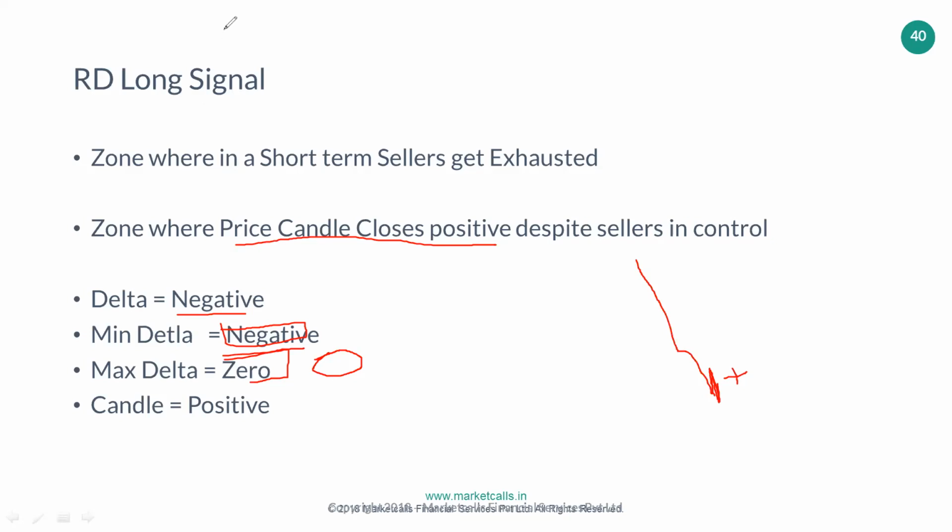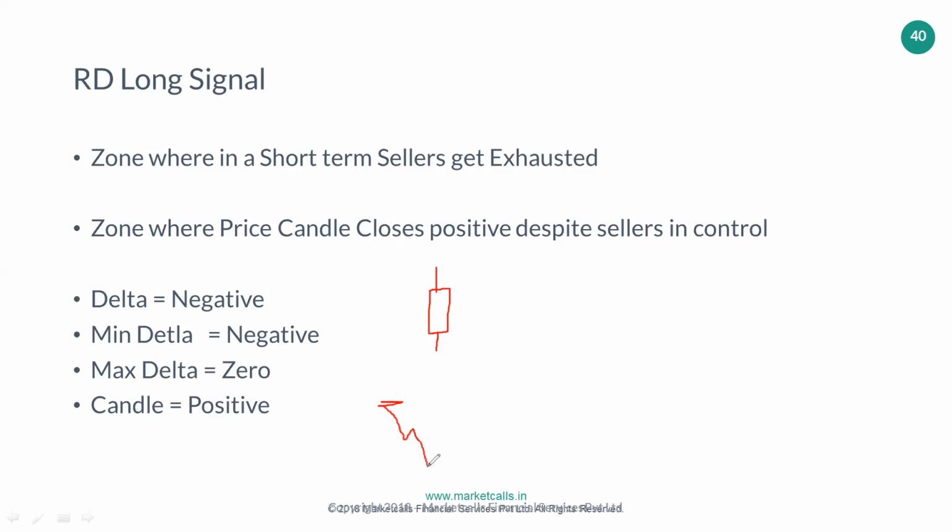If I try to draw the picture over here, the candle was closing positive. But if you look from the delta perspective for that entire candle, delta starts at 0 but goes down, and later a recovery comes.